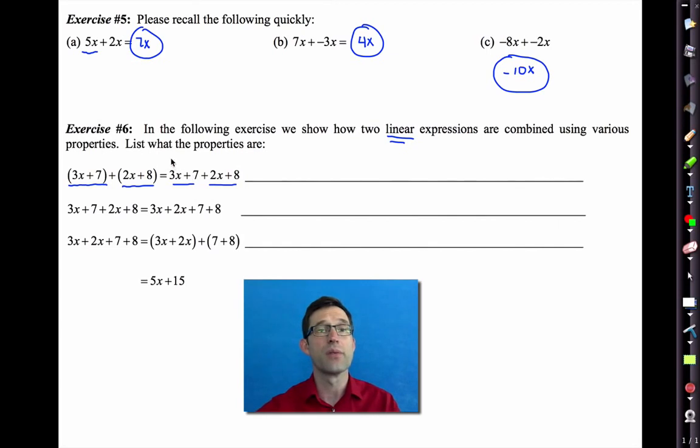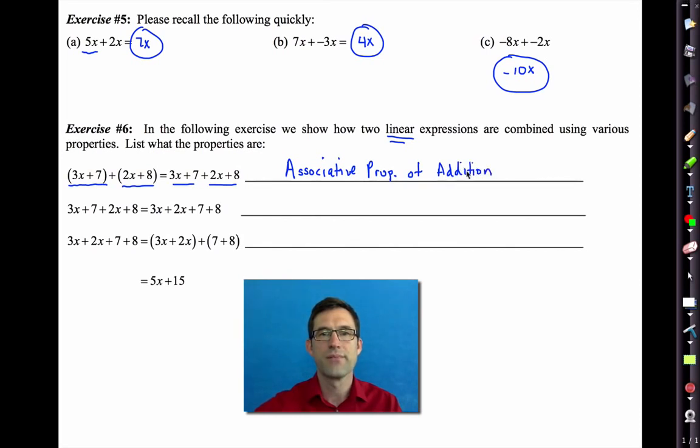Without parentheses, it really means I'm doing 3x plus 7 plus 2x plus 8. So what gives us permission to add in any order we want? That's going to be the associative property of addition. We're going to abbreviate property, and this is important, of addition, because we didn't do anything with multiplication there, it was all addition.